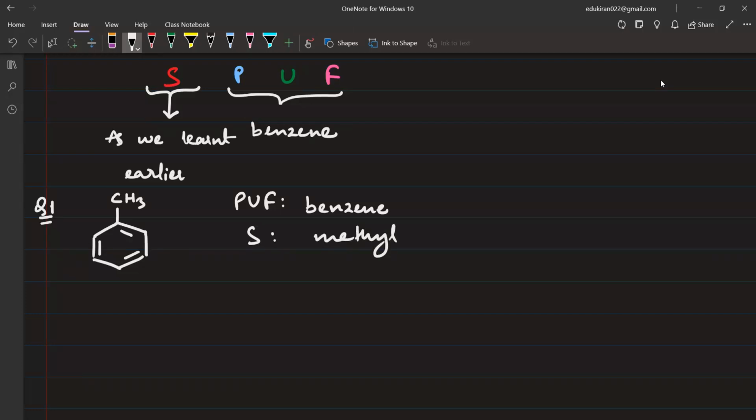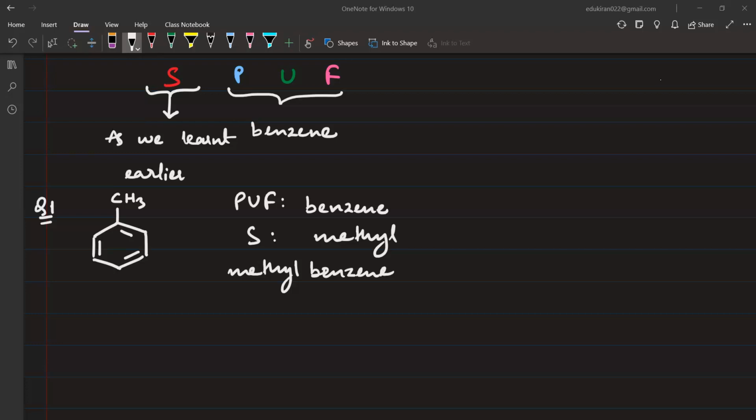So the name will be substituent and then parent, methyl benzene. Is this clear? Yes or no? Please tell me, guys, all of you. Yes, sir. No problem in this.